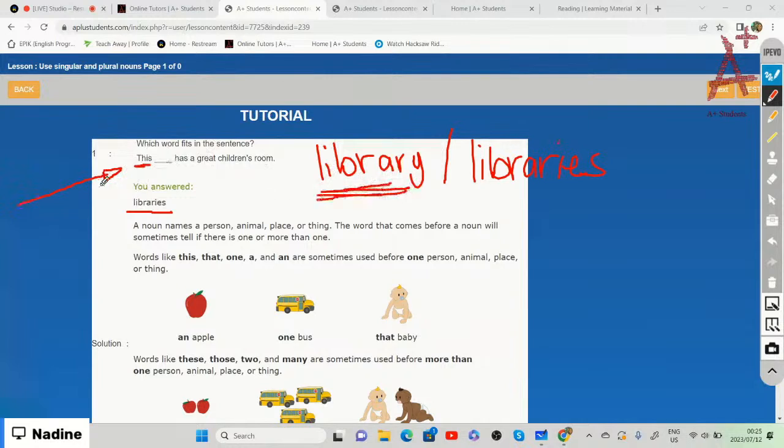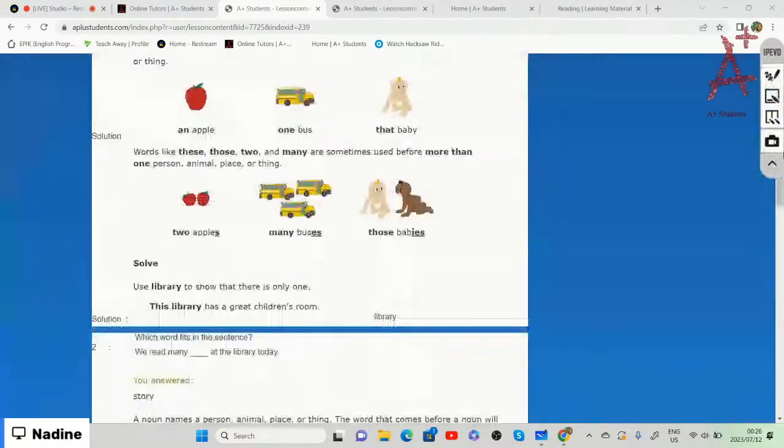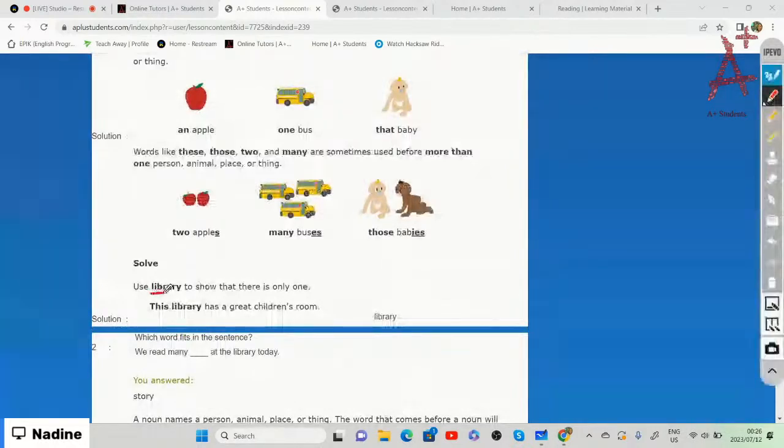So this library has a great children's room. Libraries refer to more than one library. All right, and there we have an explanation also. So we use library instead of libraries.